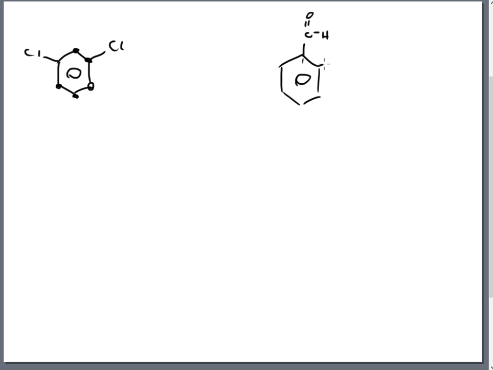So at carbon number 2, I have a nitro, NO2. And then at carbon number 5, so this is my second, there's my third, there's my fourth, there's my fifth. So at carbon number 5, I also have a NO2 group. There you go, 2,5-dinitrobenzaldehyde.